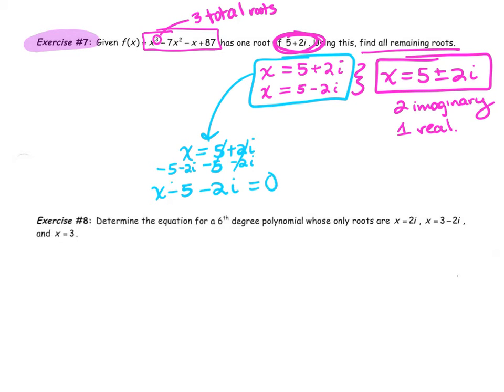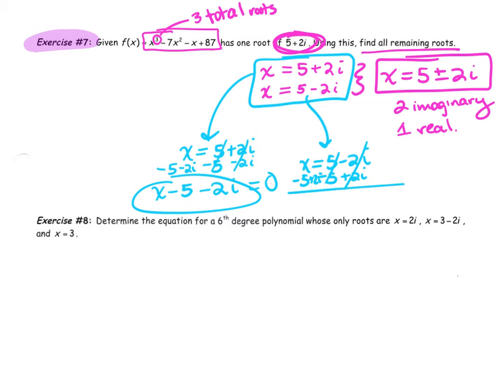So that's a factor now. Same thing here. x equaling 5 minus 2i, subtract the 5, add the 2i. Now I have x minus 5 plus 2i equaling 0. Here's another factor. If I multiply those factors and perform long division on this, I will find the remaining factor.